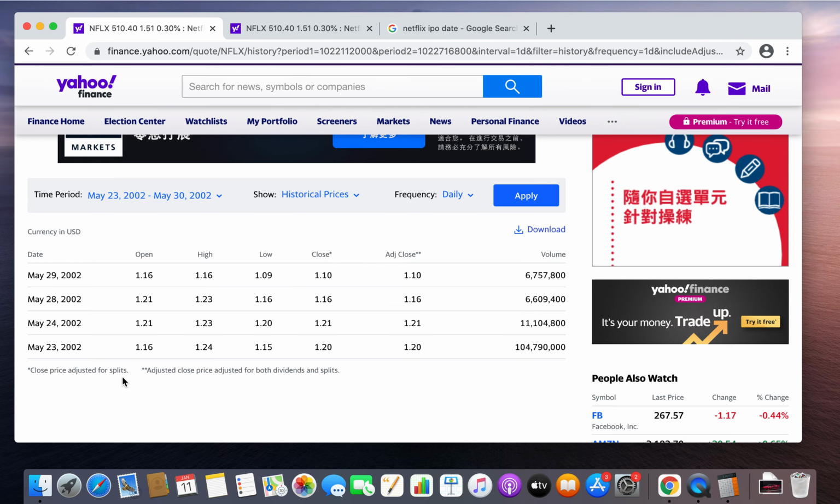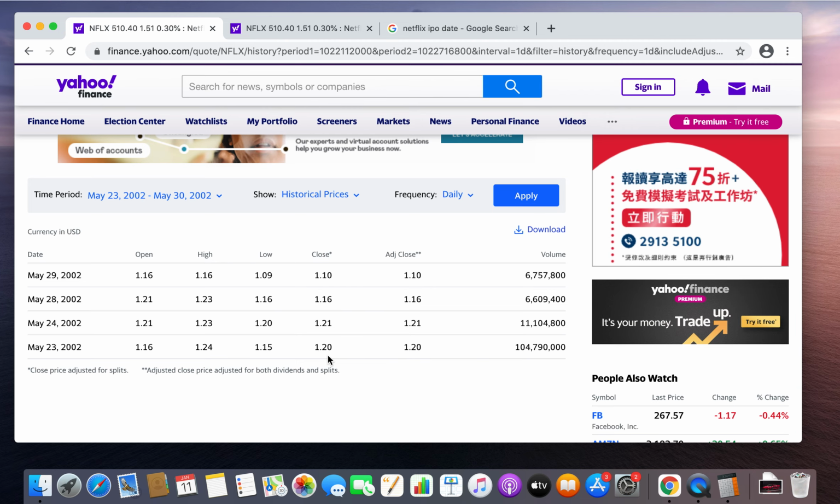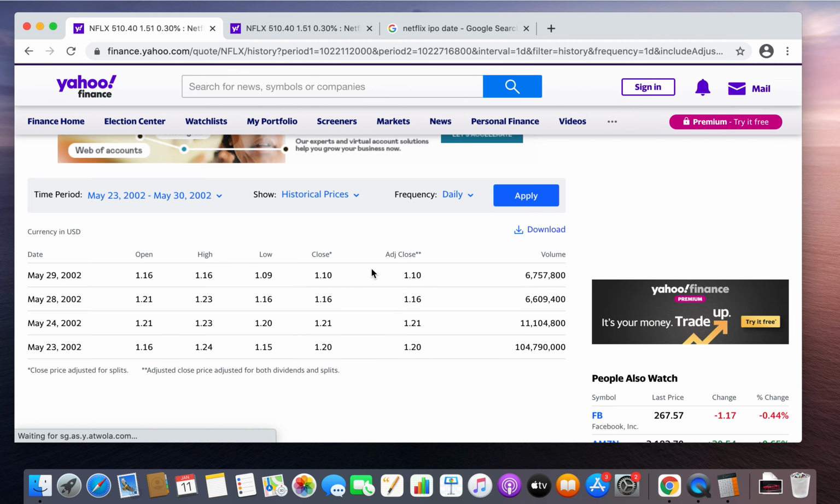And you can see here $1.20. But as I explained before, there were actually two splits, a 2-for-1 in 2004 and then a 7-for-1 in 2015. And so this $1.20 price is adjusted.